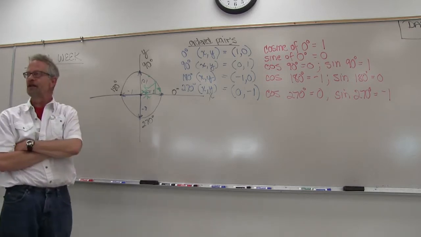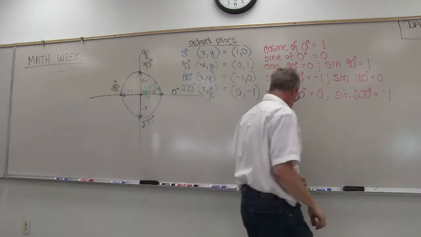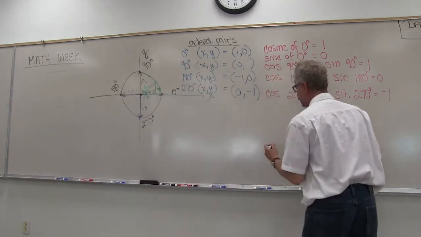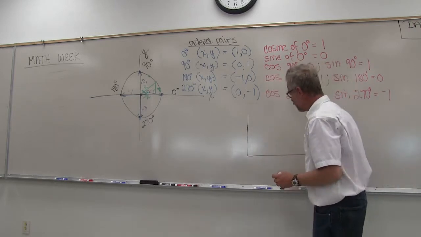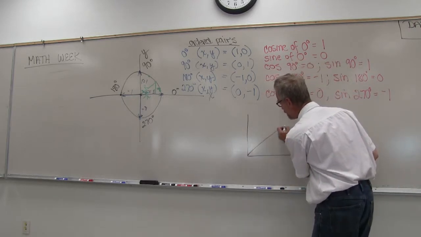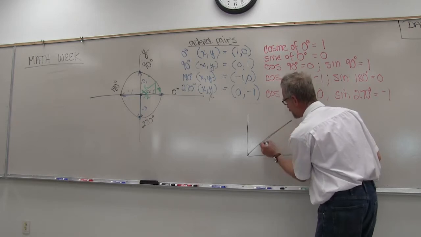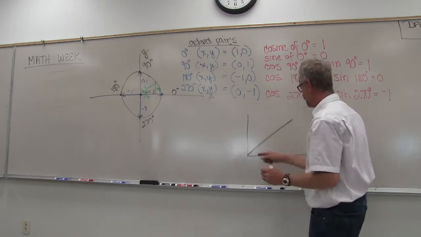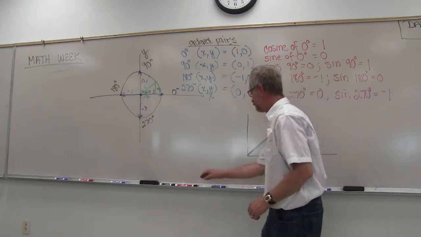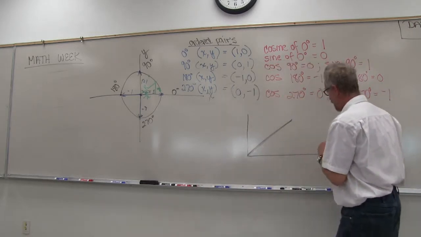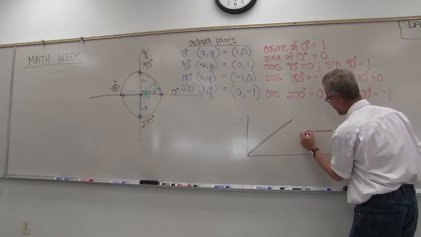Let me help you visualize this. Let's say I have a room, and in that room I have a pole sticking up out of the corner. And I take a light bulb and I aim the light in this direction.